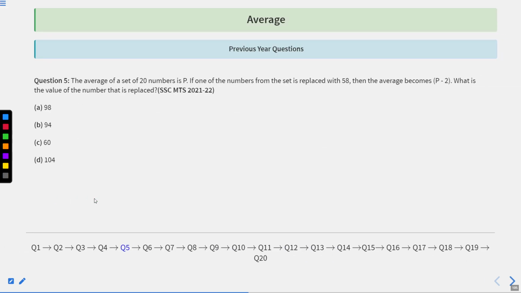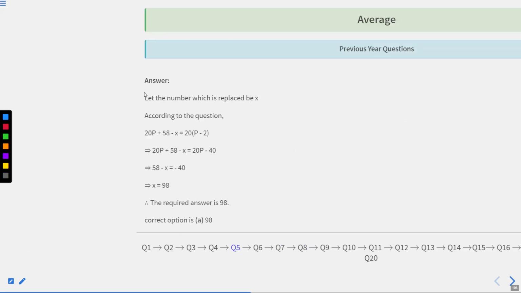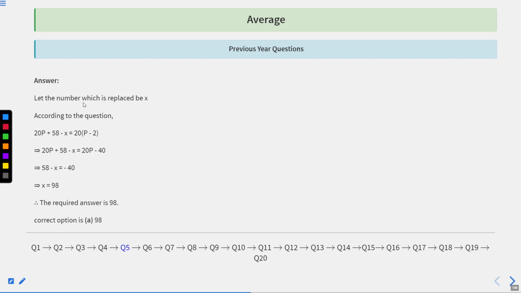Now, problem number 5. The average of a set of 20 numbers is P. If one of the numbers from the set is replaced with 58, then the average becomes P minus 2. What is the value of the number that is replaced? So let us suppose the number which is replaced be x.